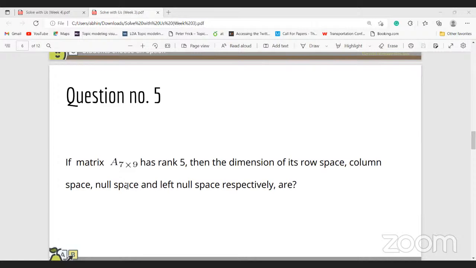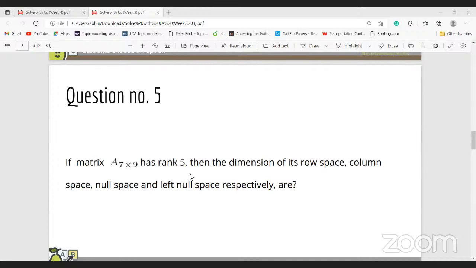For left null space, rank plus dimension of left null space equals number of rows. So 5 plus dimension of left null space equals 7. The answer will be 7 minus 5, which is equal to 2. So the correct answer is 5, 5, 4, 2.